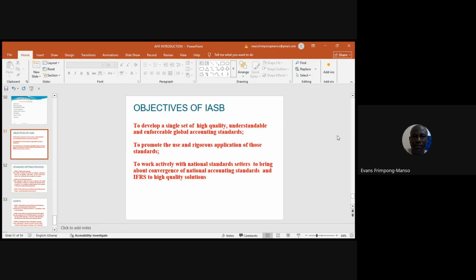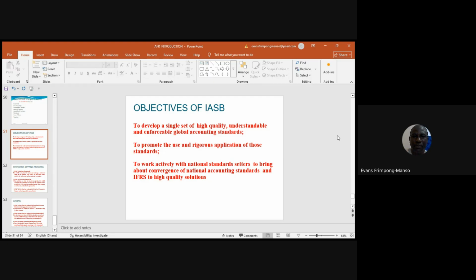That is the international body for all accountants. Beneath the International Federation of Accountants, we have the International Accounting Standards Board. And the work of the International Accounting Standards Board is to set standards.